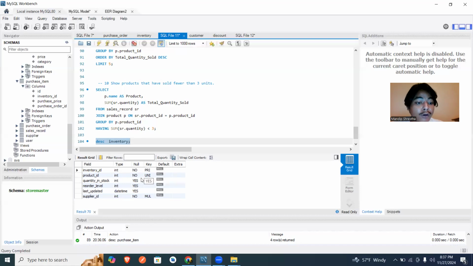So if for one inventory ID I add the same product ID twice, it will show an error. This is how a one-to-one relationship is maintained. These are some of the relationship constraints that we have in our StoreMaster database.